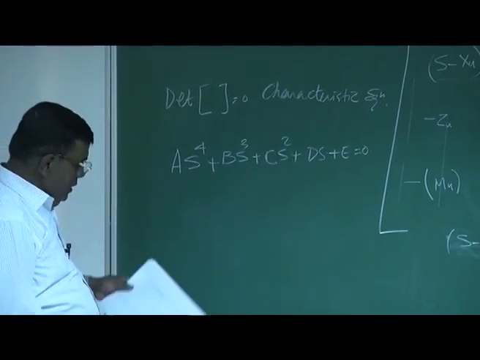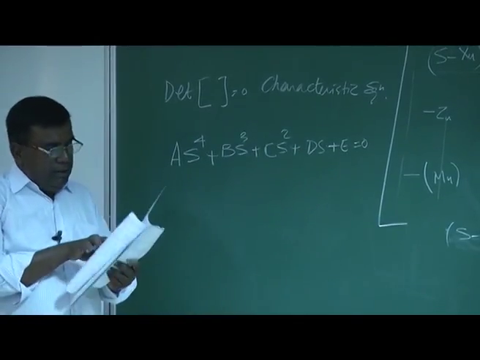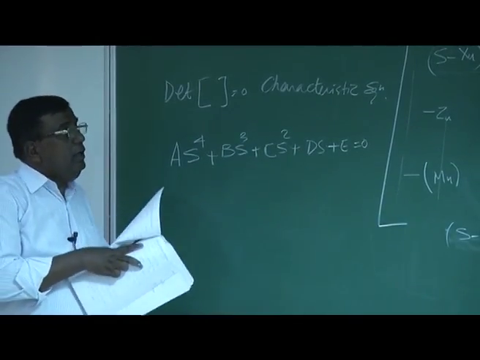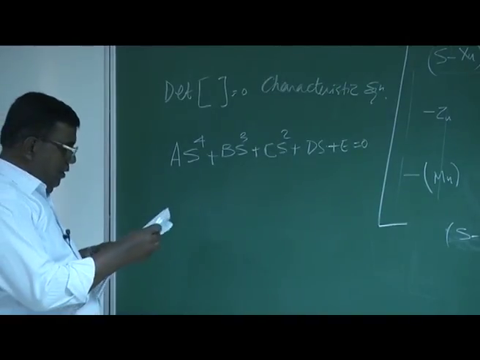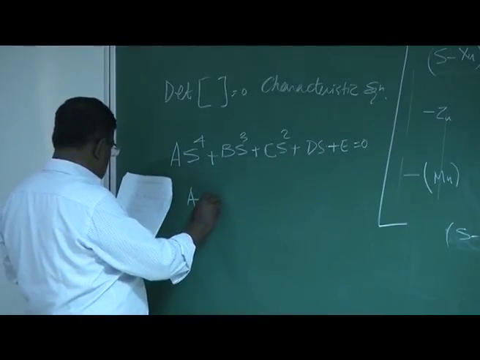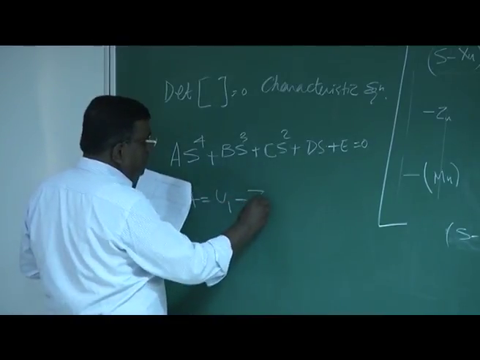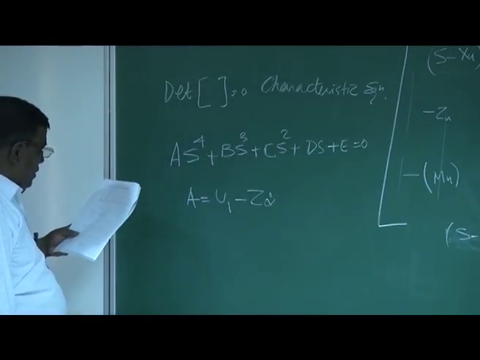For completeness, I will just give you the value of some of these coefficients. Let's say I do the determinant part of it and put it to 0, what is the a I will get? You can do it yourself; we will not do it on the blackboard here. A will be u1 minus z alpha dot.